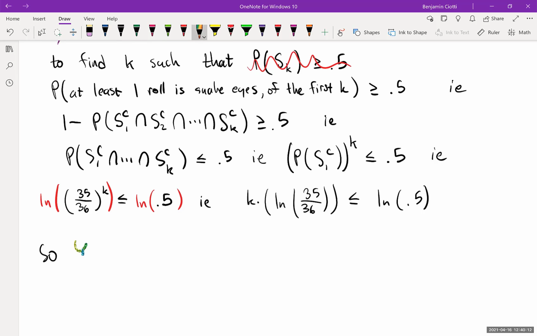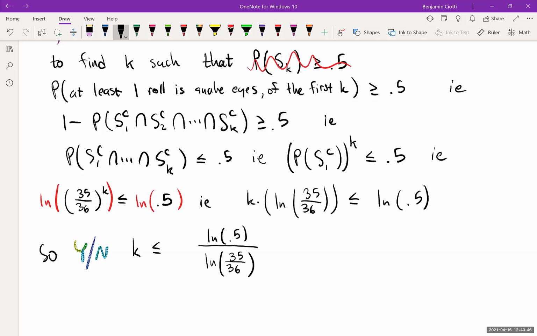So tell me if this step is correct. K is less than ln 0.5 over ln 35 over 36. Yes or no, folks? I'm seeing some negatories.